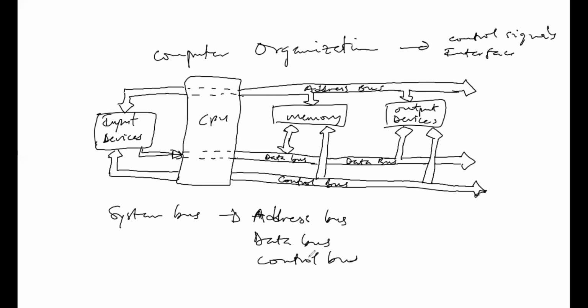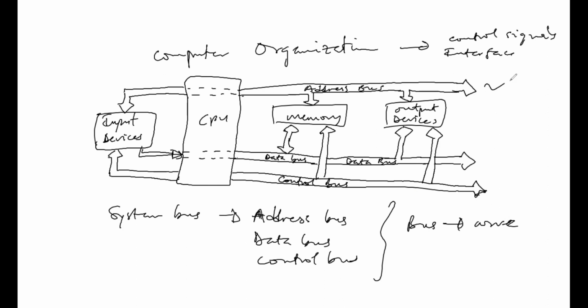And we know that the bus is more like a wire. So it's used to represent the group of electrical signals used for conveying information within the system. So the bus itself is more like a signal wire. So how about the address bus?